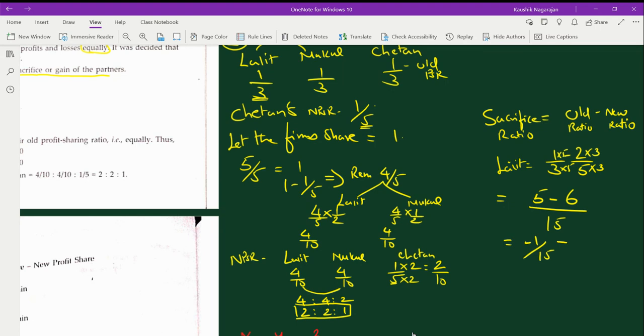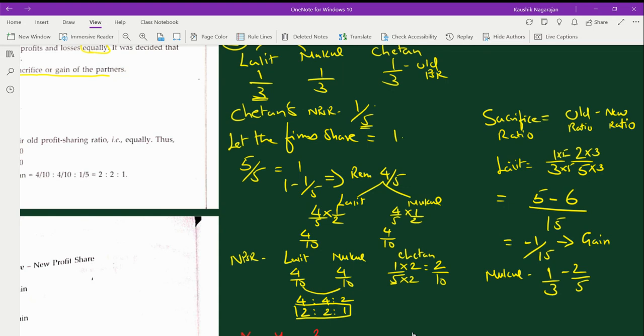So for Lalit, I'm getting a negative value, which indicates that Lalit is gaining because of the change in the PSR. Similarly, you calculate for the other partner, Mukul. For Mukul, the old ratio was 1 by 3 and the new ratio was 2 by 5.